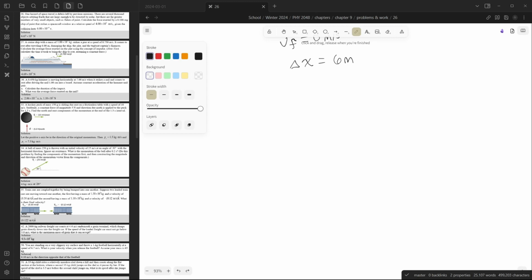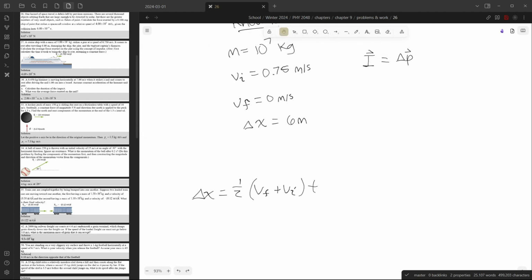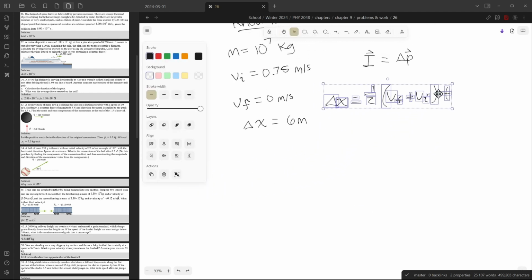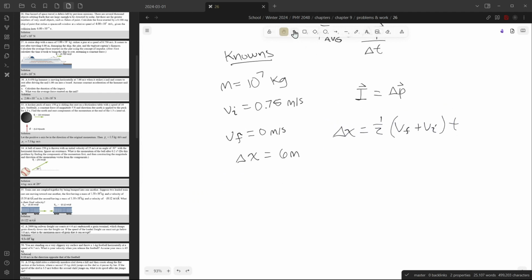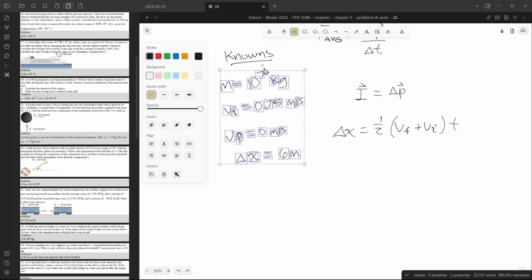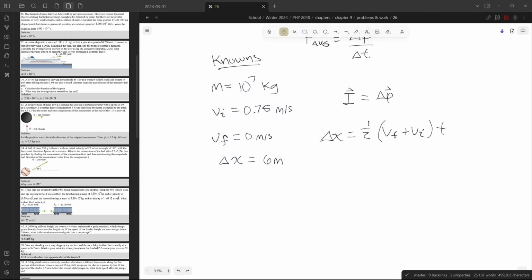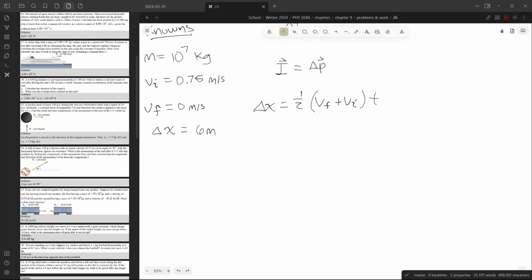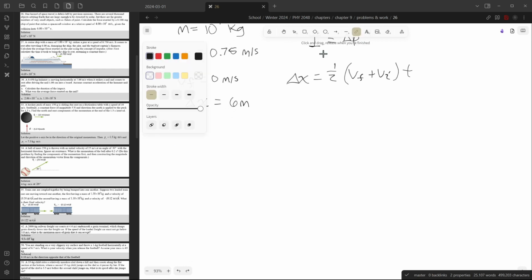That one is delta x equals 1/2 times v final plus v initial, times time. Okay, so this is the kinematic equation we want.